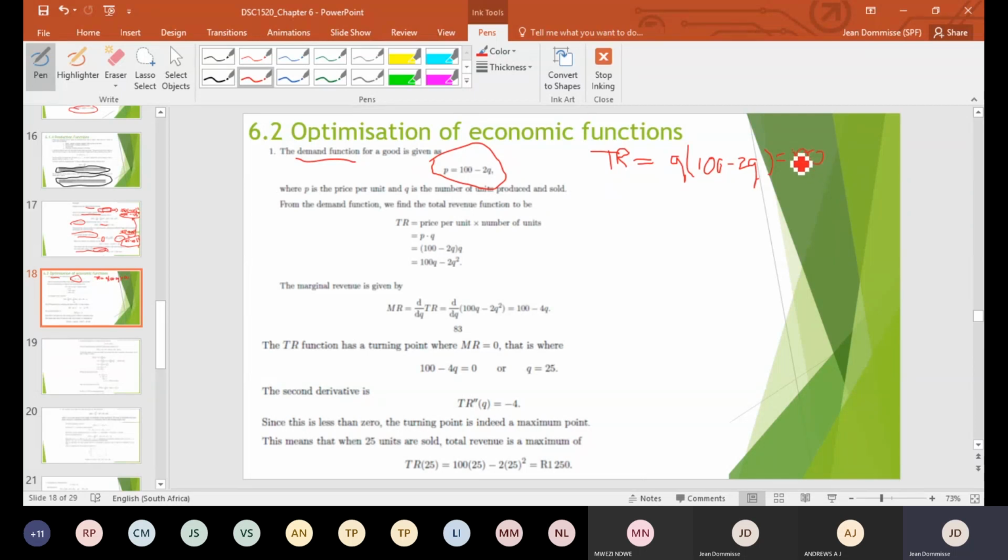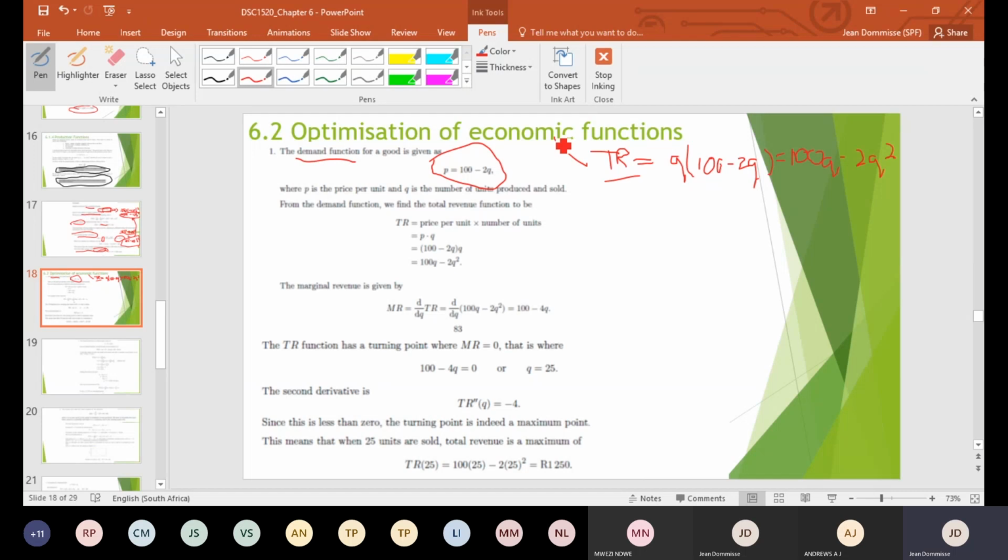So that is 100Q minus 2Q to the power of 2. Okay, so total revenue done. That is easy. That's always P times Q.